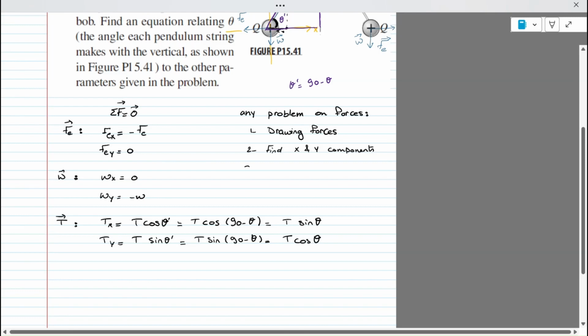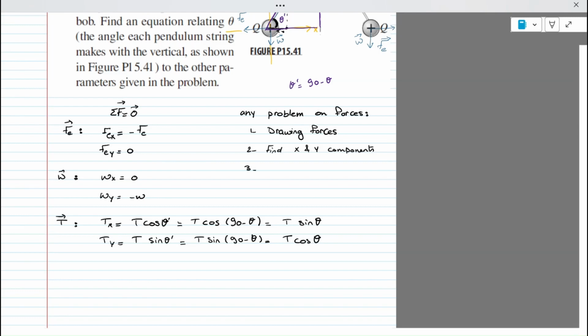And then the third step for studying a problem involving forces is to apply Newton's law, or to find the net force if I'm not sure which Newton's law to use. However, I know here that I have equilibrium, so I can just apply Newton's first law.